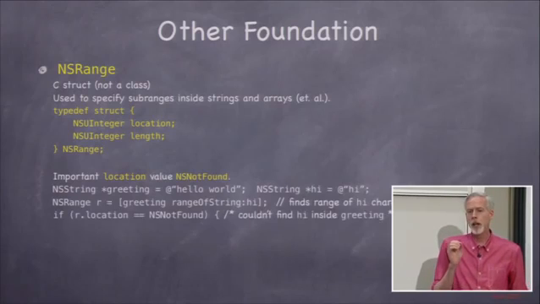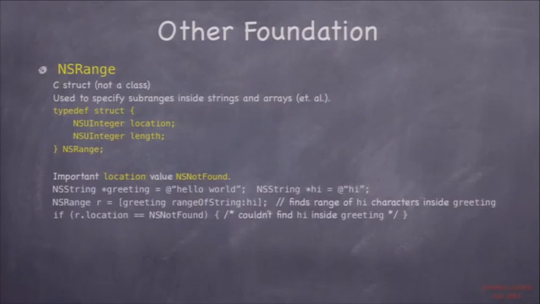There's an important constant called NSNotFound. NSNotFound is the value of location in a range that was not found or that is otherwise invalid. So you search for a substring in a string and it couldn't find it. You're going to get a range back where the location is NSNotFound. Everyone understand that?